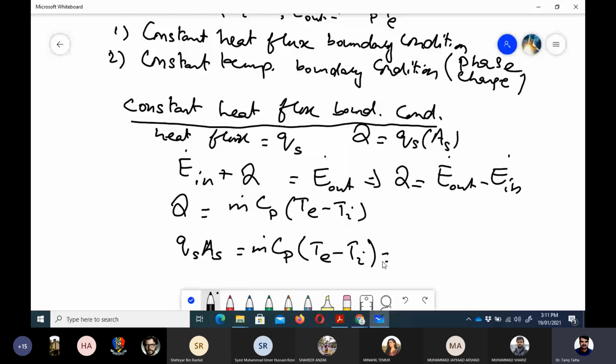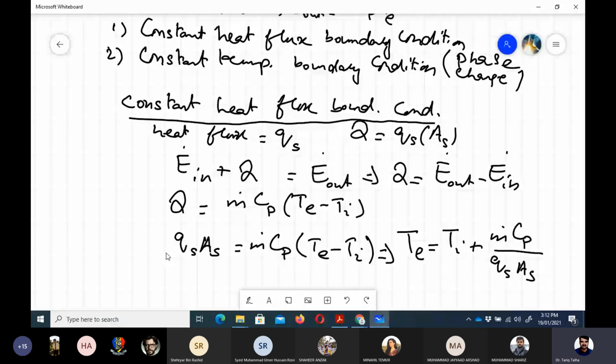And then from here, if we want to know the value of Te, that would be equal to Qs As divided by m dot Cp, plus Ti. So we can write Te equals Ti plus Qs As over m dot Cp. Right? So this is the relation which we have got for this flow.